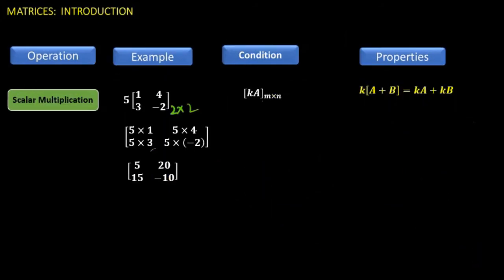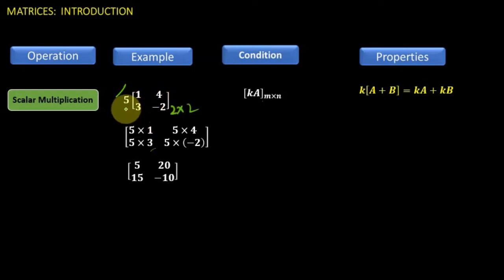So the next type is scalar multiplication. Scalar means simply any constant number multiplied by the given matrix. In this, what should we do? We should multiply this constant number with each and every element of the matrix.